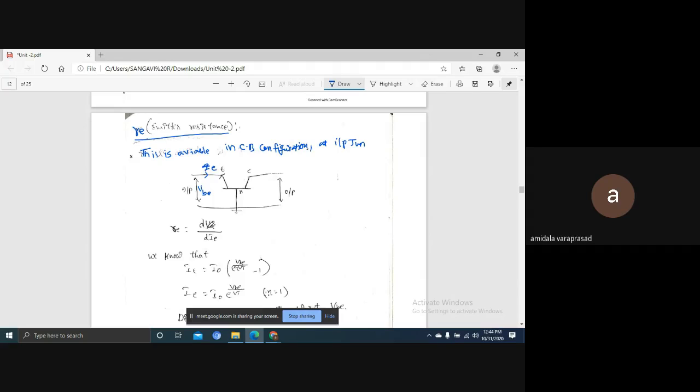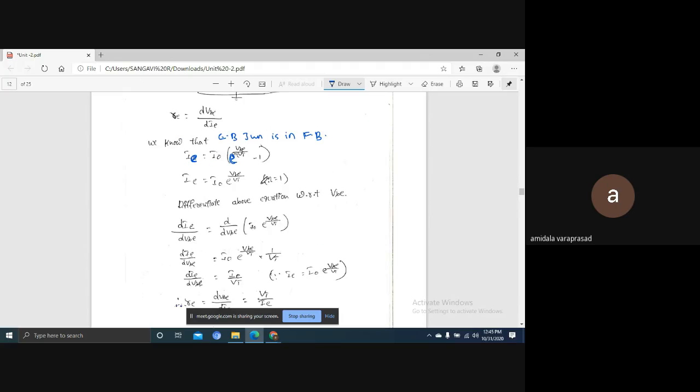Therefore, rate of change of VBE by dIE. We know that the emitter base junction is in forward bias. Therefore IE is equal to I naught into e power VBE by eta VT minus 1, and eta is equal to 1 for silicon. Here I naught is very small, that's why we neglect the minus 1.